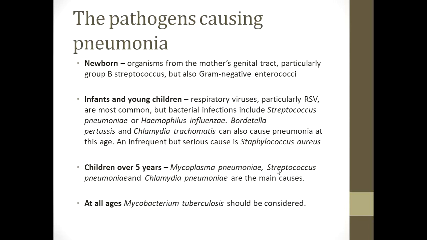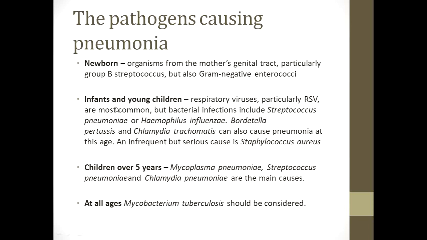What are the pathogens or organisms causing pneumonia in children? If we classify in different pediatric age groups, in newborns the organisms are from the mother's genital tract, particularly GBS, Group B Streptococcus, but also gram-negative enterococci like E. coli.